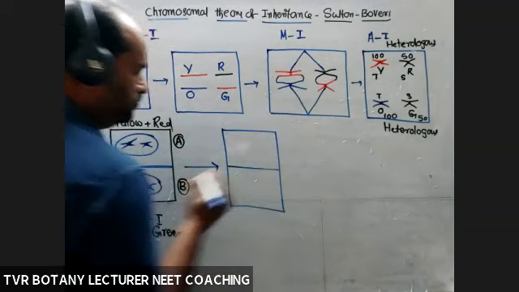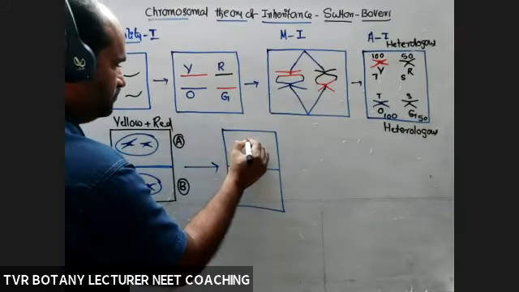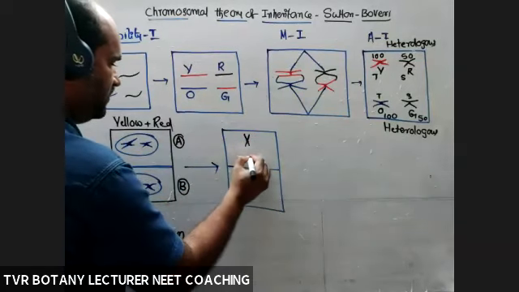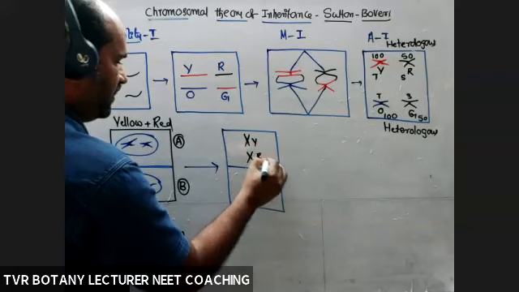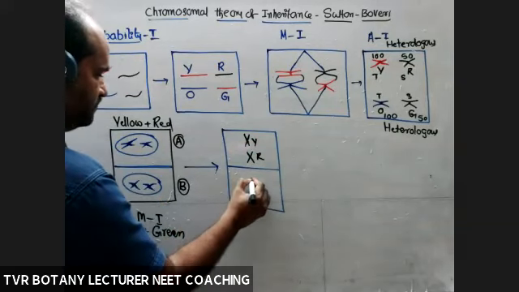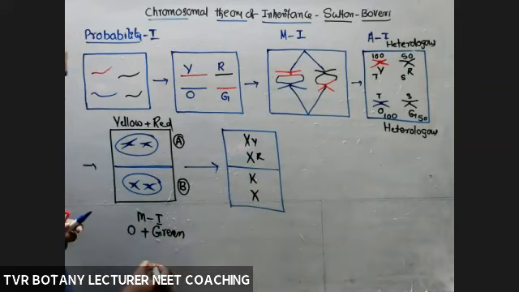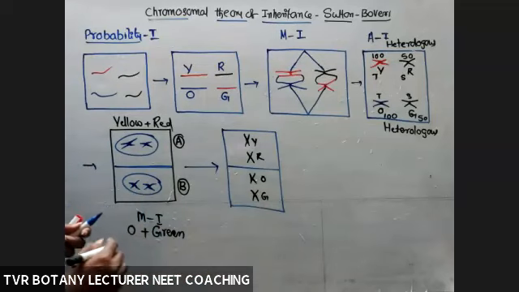This is phase 2. During phase 2, here is chromosome 1, the yellow chromosome, and this one the red chromosome. Simply I'm using yellow and red. Next, alignment of chromosomes, follow the symbol: orange, green.